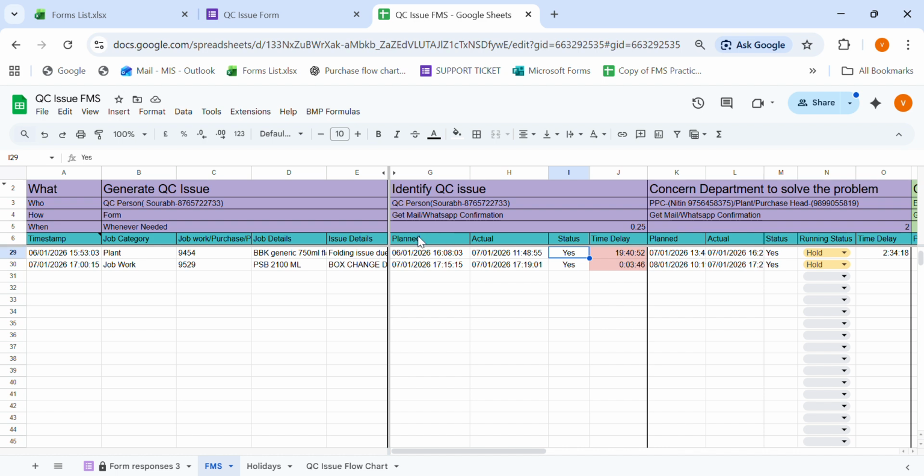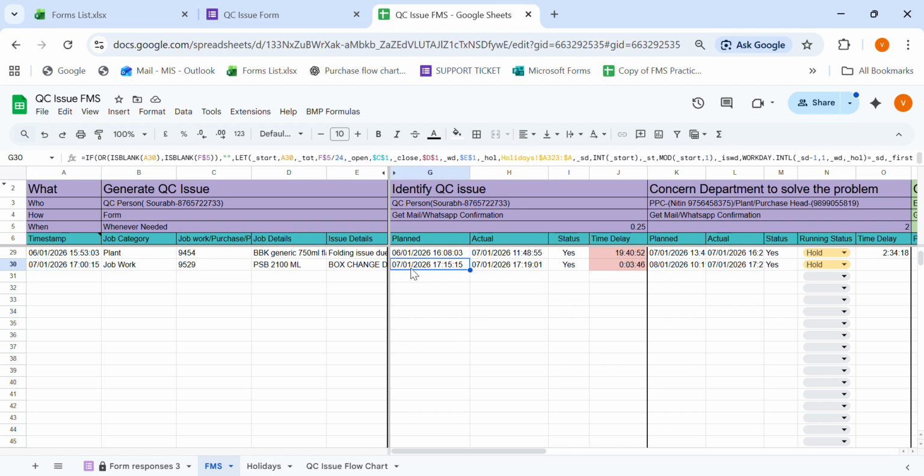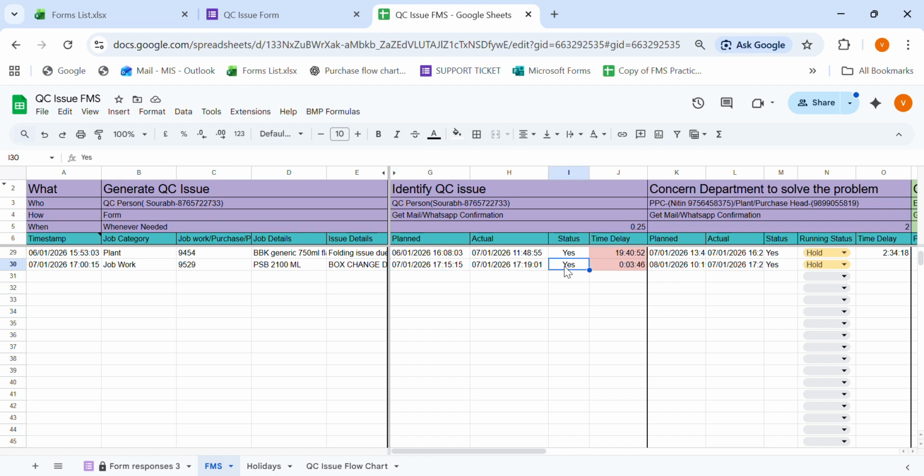Plan time is the time when the form is raised, plus the time period given to the QC person. Here there is 15 minutes, so the 15 minutes plus the timestamp gives the total time period. Actual time is the time when we enter yes or no; then the actual time is inserted, which means the current time.